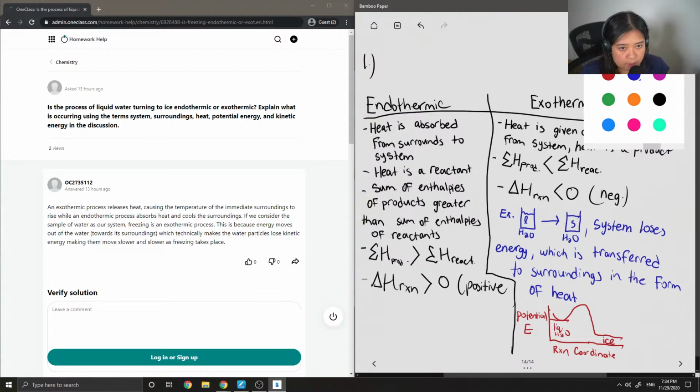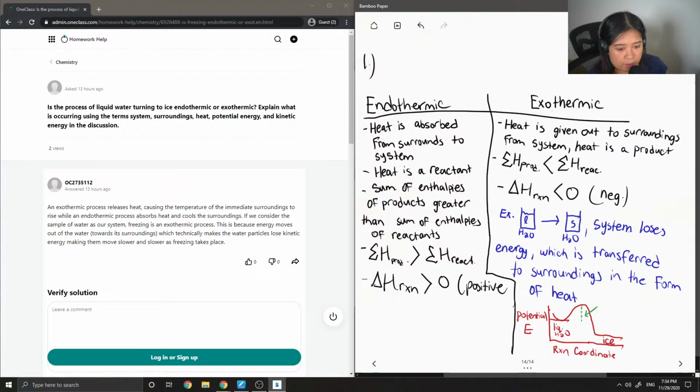So this little hump here is referred to as the activation energy. This is how much energy needed to be added for the reaction to take place.